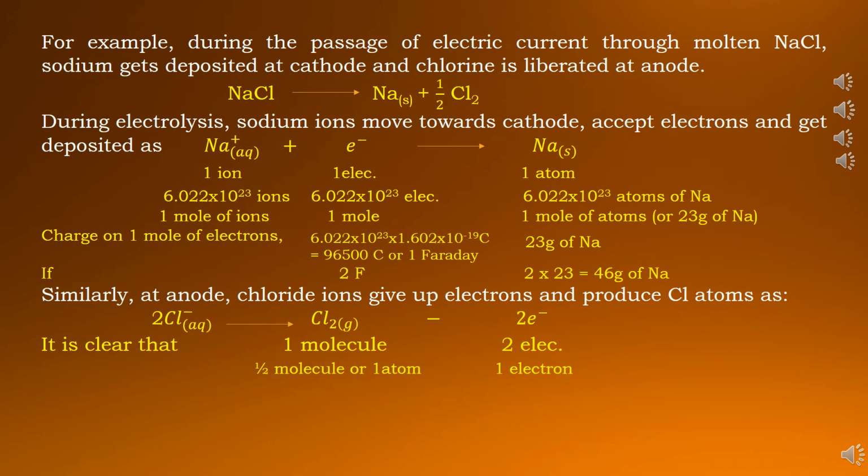In other words, Avogadro number of chlorine atoms is produced by Avogadro number of electrons, or 1 mole of chlorine atoms is produced by 1 mole of electrons. That means here 35.5 gram of chlorine is produced by passing 1 Faraday of charge through it.